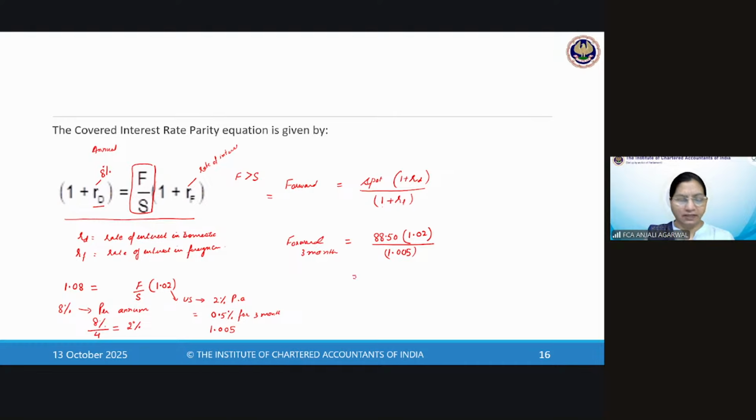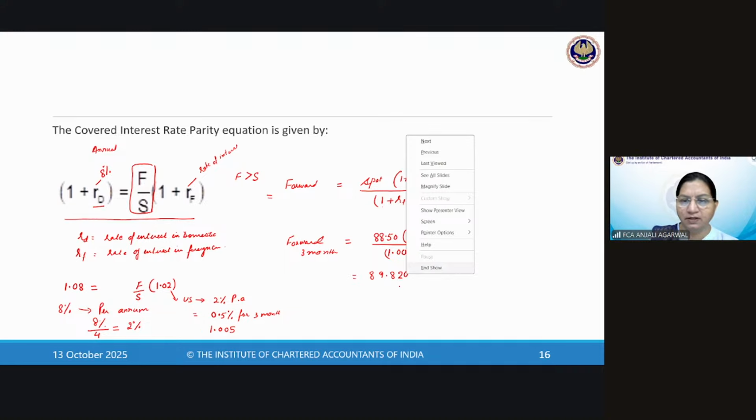So when you calculate the forward rate, 88.5 into 1.02 divided by 1.005, the forward rate comes out to be 89.8209.